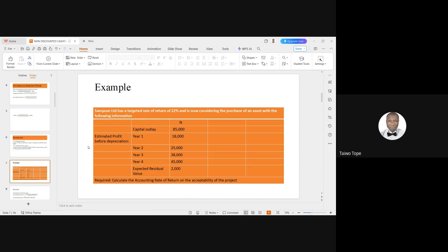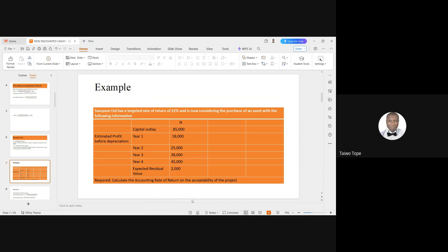It means this is a cash flow. It's not yet an accounting profit because depreciation is still part of the profit. In year one, we have a profit of 18,000, year two, 25,000, year three, 38,000, year four, 45,000, and expected residual value, that is scrap value, is 2,000. Required: calculate the accounting rate of return and the acceptability of the project.